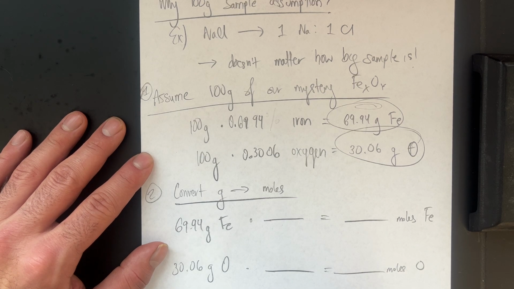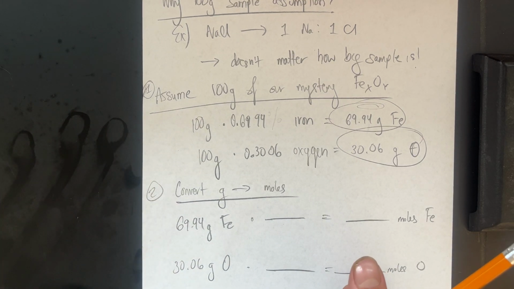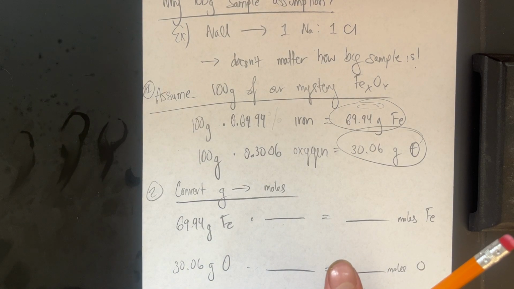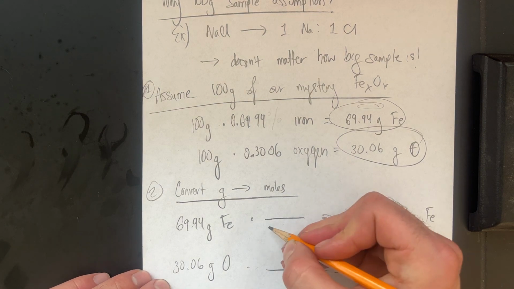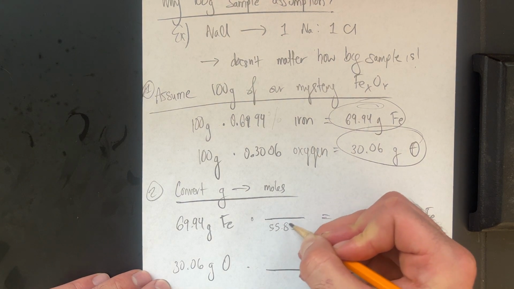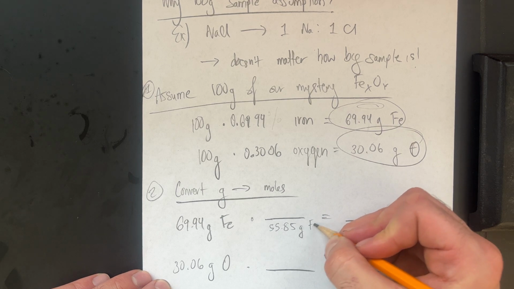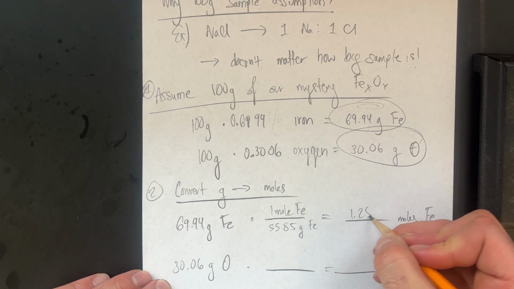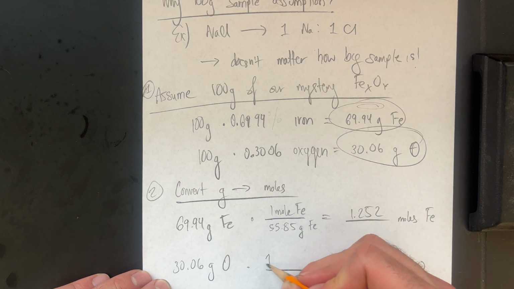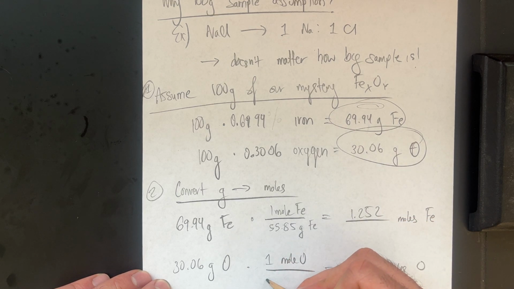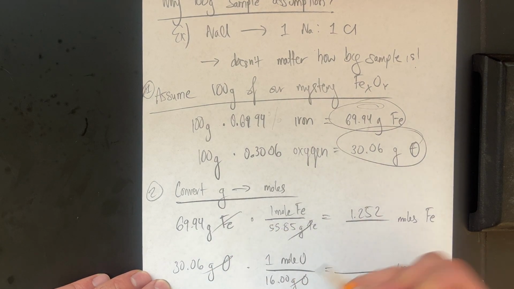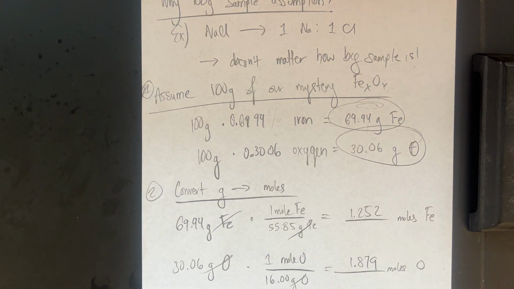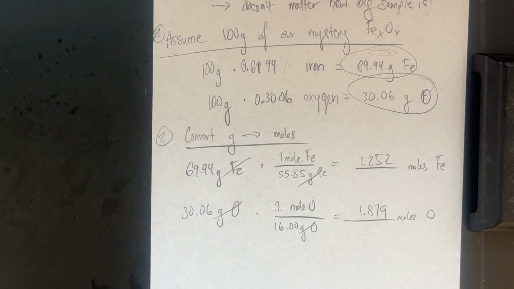You just take a look at the periodic table and you get their molar masses. The molar mass of Fe is 55.85 grams of Fe per 1 mole of Fe. And you get this as your answer. And you have moles of oxygen from grams of oxygen. Very satisfying. And yeah, now you have moles of oxygen. Wonderful.